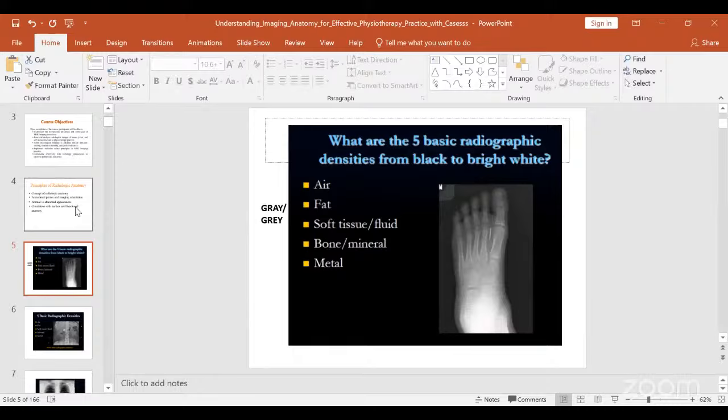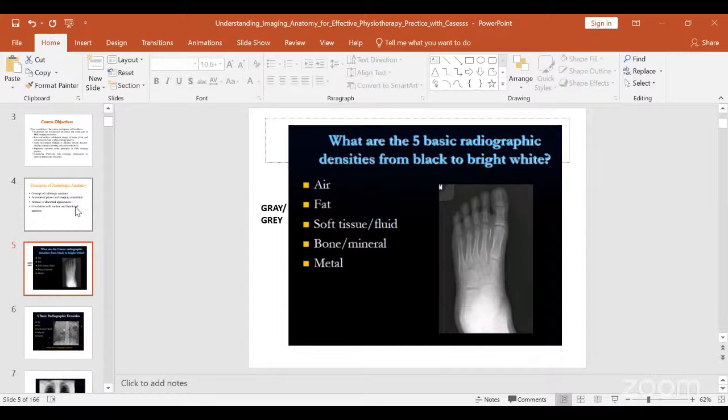We always begin to discuss from the basics, and the basics usually is plain X-ray. So please take note that in plain X-ray, these images or anatomical structures that are projected on those images, we call them radiographs. Plain X-ray radiographs have 5 different shades of blackness or 5 different shades of whiteness.